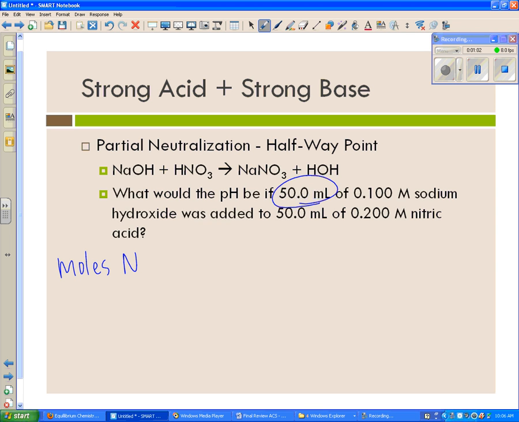Moles of sodium hydroxide. To find moles, we take molarity times volume in liters, so 0.100 molar times 0.0500 liters, 0.00500 moles.